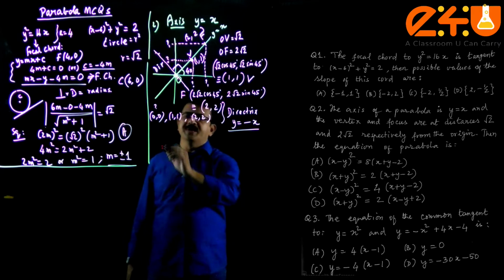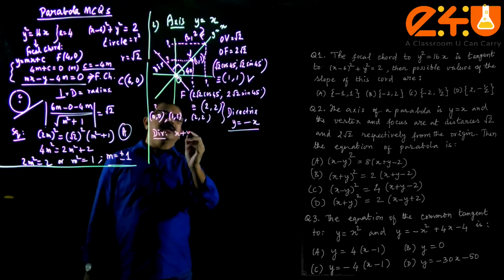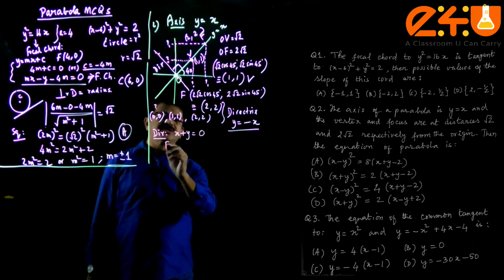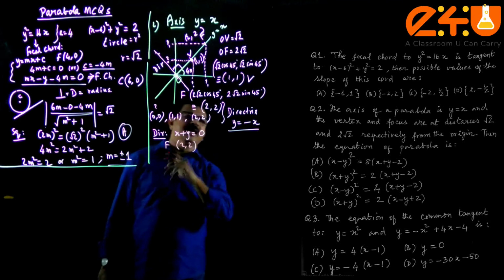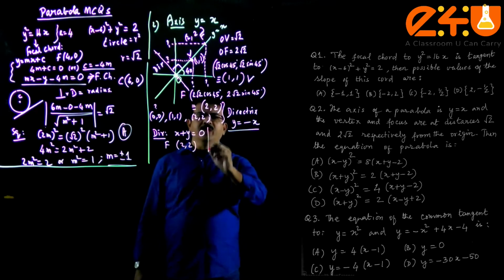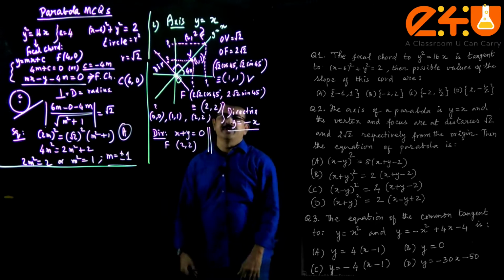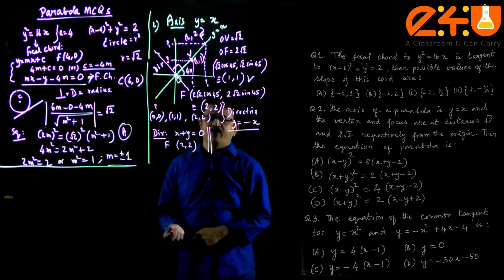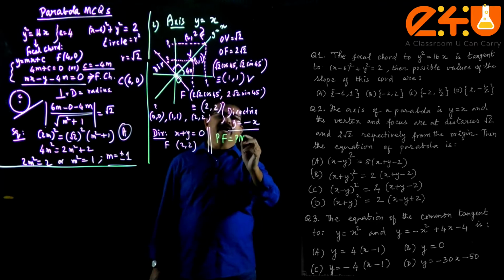So that way, we are able to get the equation of directrix and the focus coordinates as 2, 2. Okay. How many of you remember we studied in the first theory session the very definition of parabola is PF equal PM.